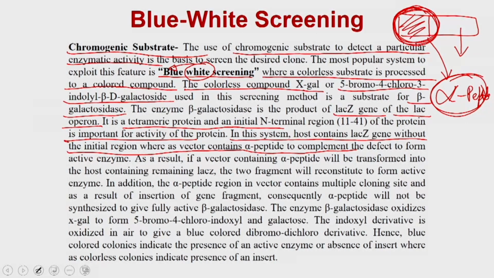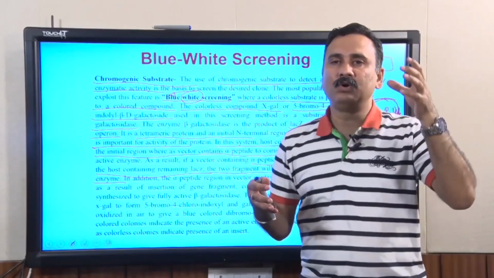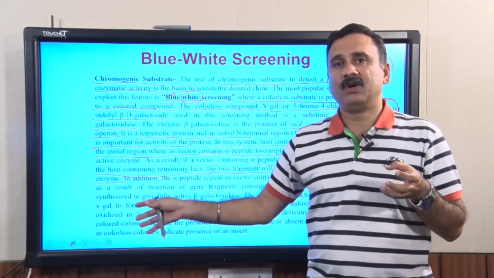Once you transform this vector containing the alpha peptide into the host containing the remaining LacZ, the two fragments come together to form the active enzyme, which means you are recovering the activity of the enzyme simply by having one component on the vector and the rest on the host cells.